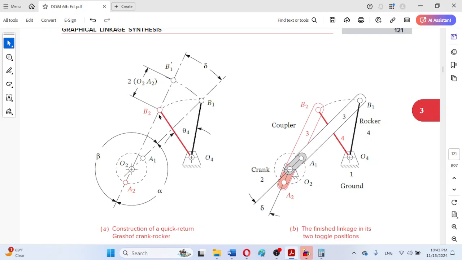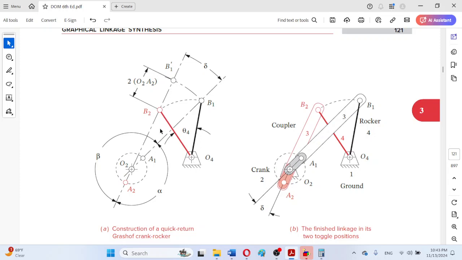So in one position the rocker will be drawn, and after that we will be placing the protractor's 0 degree line along, for example, O4 to B1. O4 is the rocker grounded revolute, so we will be placing the 0 line along O4 and B1, and then we will be measuring the angle subtended at this O4 by this rocker.